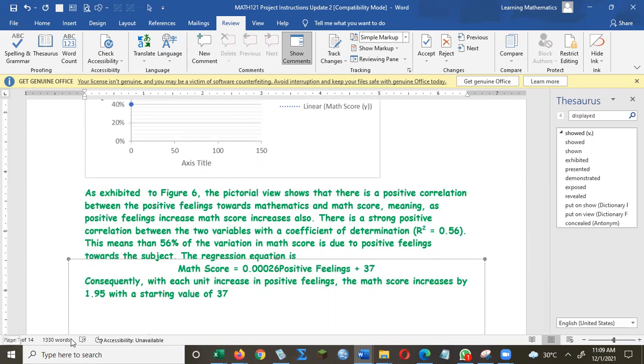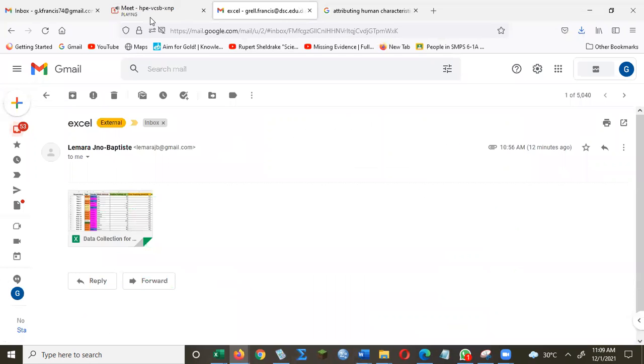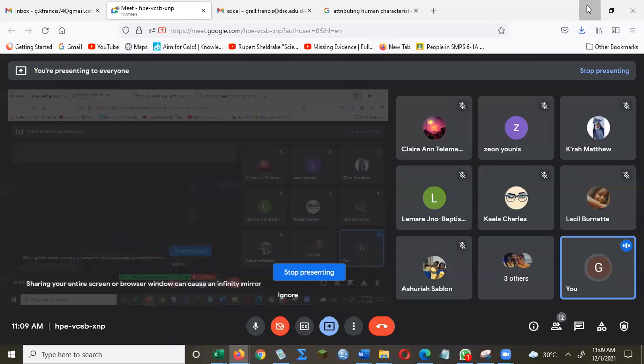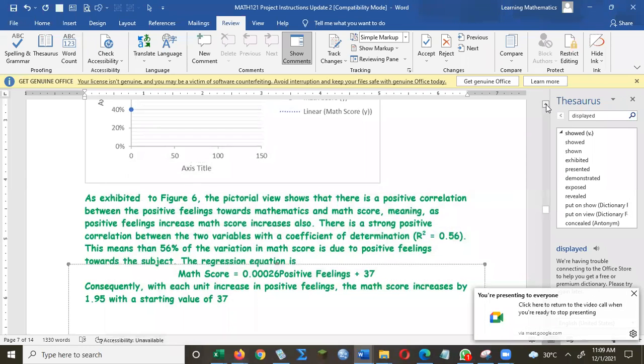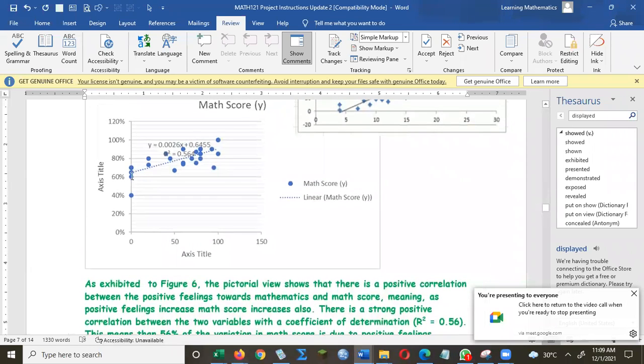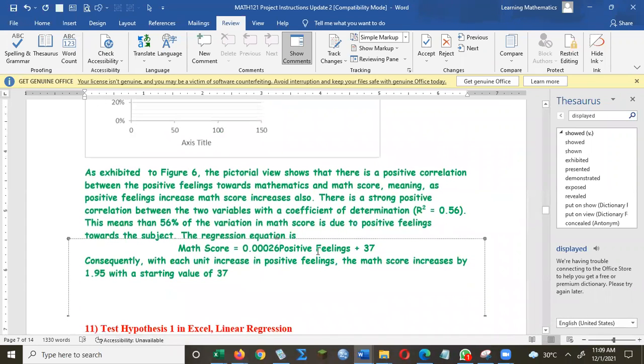That is the gradient for this example, 0.00026. Then positive feelings, and what's the y-intercept? The y-intercept, look, it's somewhere right there, 0.65, where the line touches the y-axis. 0.00026 plus 0.65, all right? 65% is 0.65.